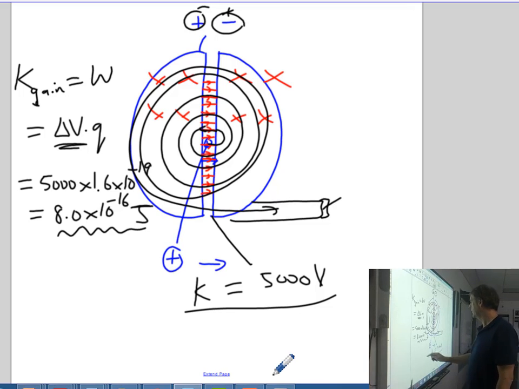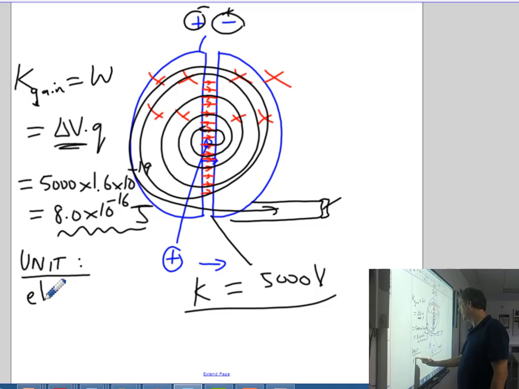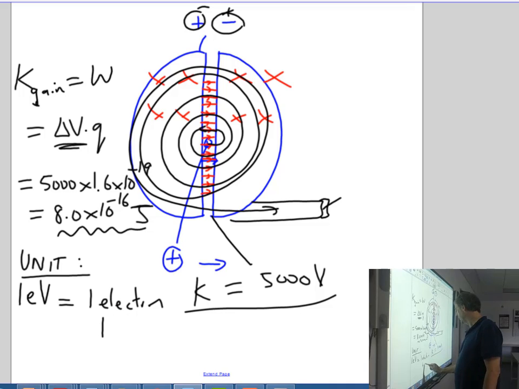So another unit that was defined here is called the electron volt, and it's for really small values of energy. Energy could be done in horsepower as well, by the way, but the electron volt, 1 electron volt is the amount of energy gained by 1 electron moving through a potential difference of 1 volt. Alright?